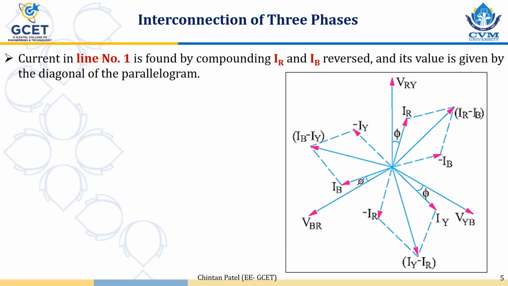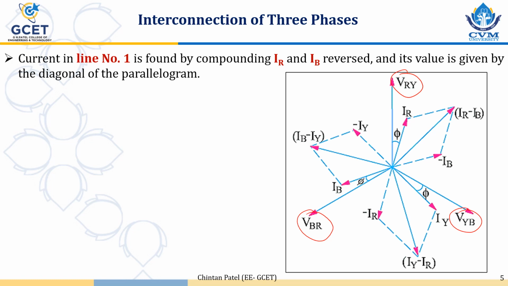All the three voltage vectors, whether you call it line voltage or phase voltage, they are 120 degree apart from each other, because this is perfectly a balanced three-phase system.